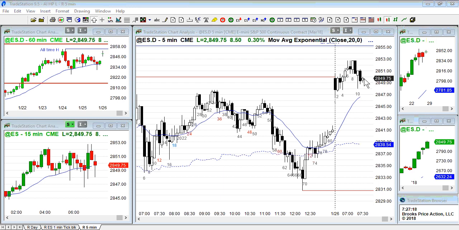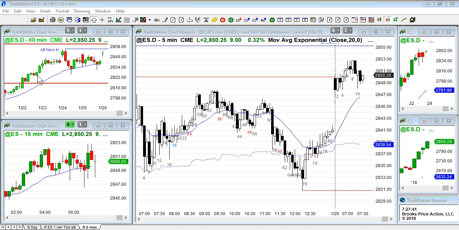I was just looking at time and sales, and a trade just came across with 1,200 contracts at 28.50. Again, you never know if it's sellers or buyers, but since we're higher, you have to assume it was buyers.